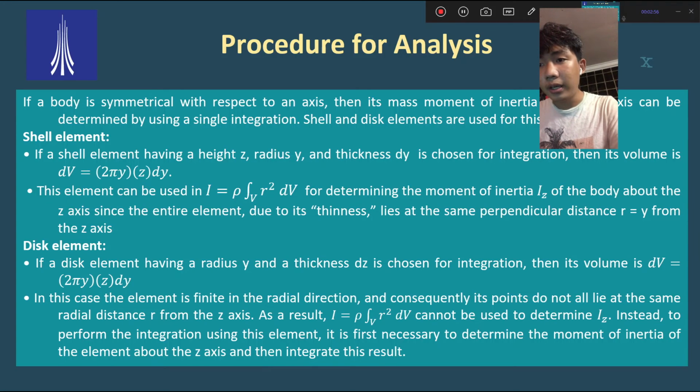In this case, the element is finite in the radial direction, and the formula that we used earlier cannot be used to determine Iz. Instead, we should perform integration using this element. It is first necessary to determine the moment of inertia of the element about the z-axis and then integrate this result.